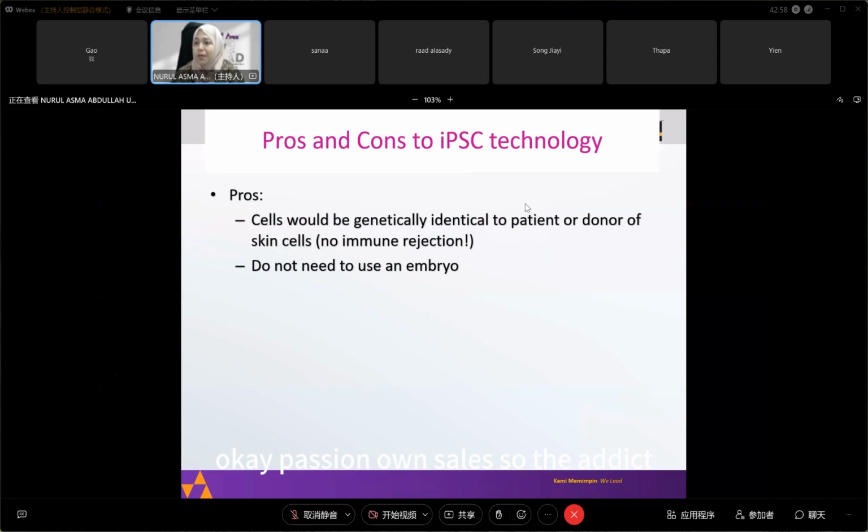It will not cause any graft versus host disease rejection. No rejection. And of course, you do not need to use an embryo, because even though it is pluripotent, it was induced from the somatic cells, from the adult cells.